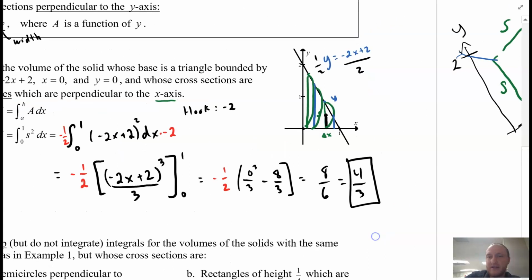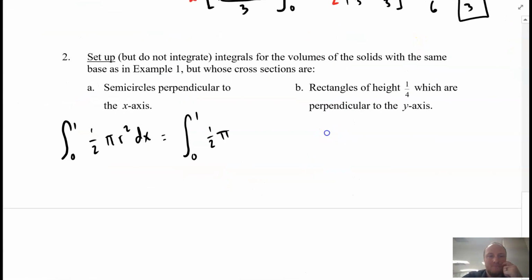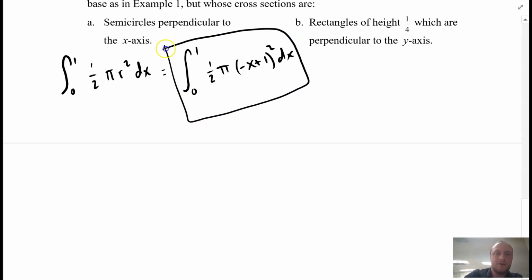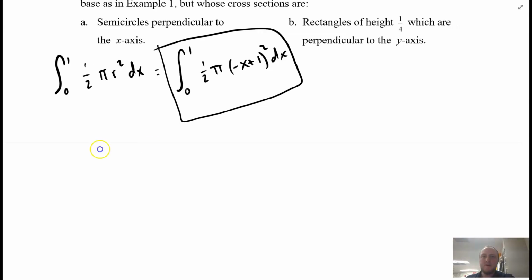Again, the radius is negative 2x plus 2 divided by 2, which ends up being just negative x plus 1. So I can plug that in: negative x plus 1 squared dx. And you're done. You're just setting up, so you don't have to do anything else. If you were, I would recommend pulling out the pi halves to get that value. All right, Part B.